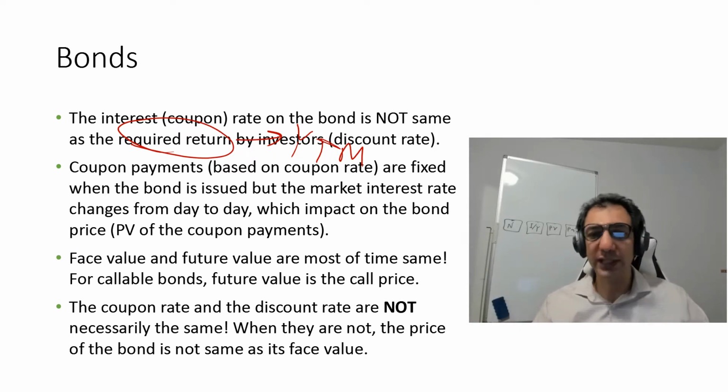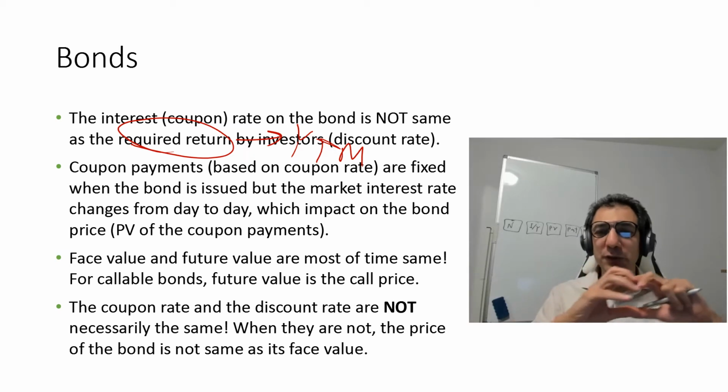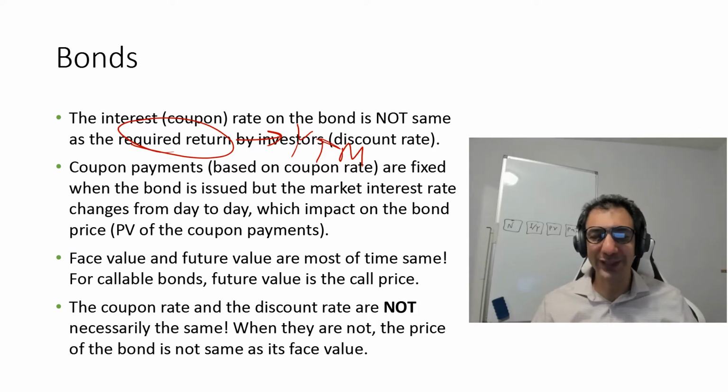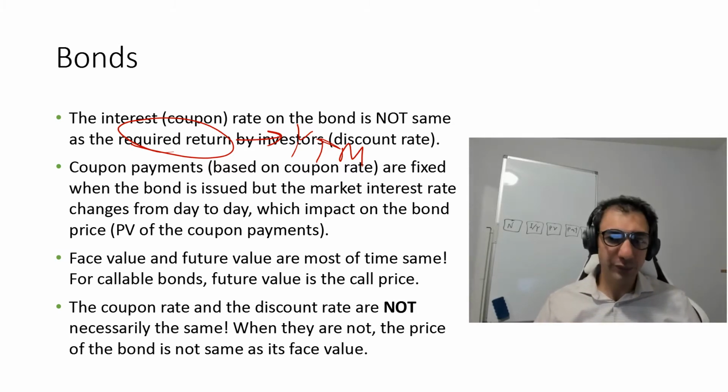As I mentioned also in the last note, since these are not the same, the price of the bond is not the same as the face value. So make sure you distinguish between the coupon rate and interest rate. I've seen in many cases my students assume that the coupon rate is the same as the discount rate, which is not correct. Most of the time they are different.